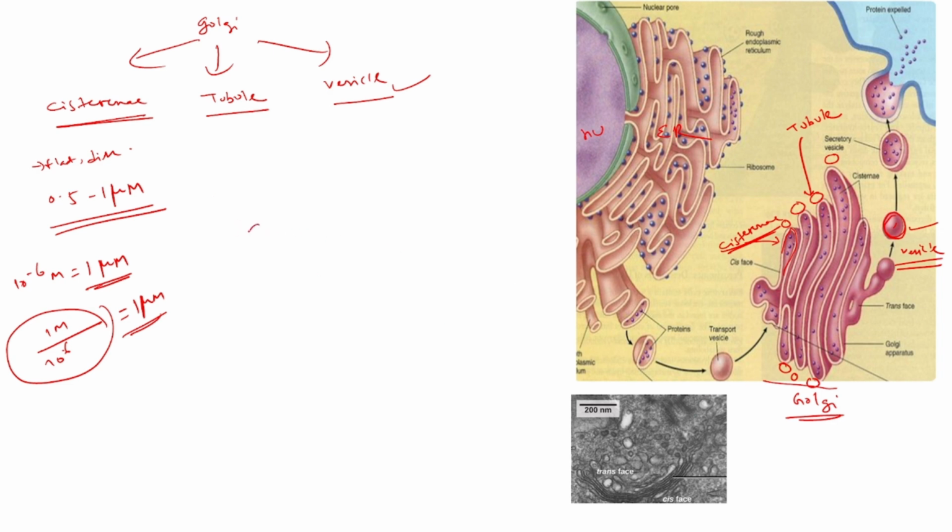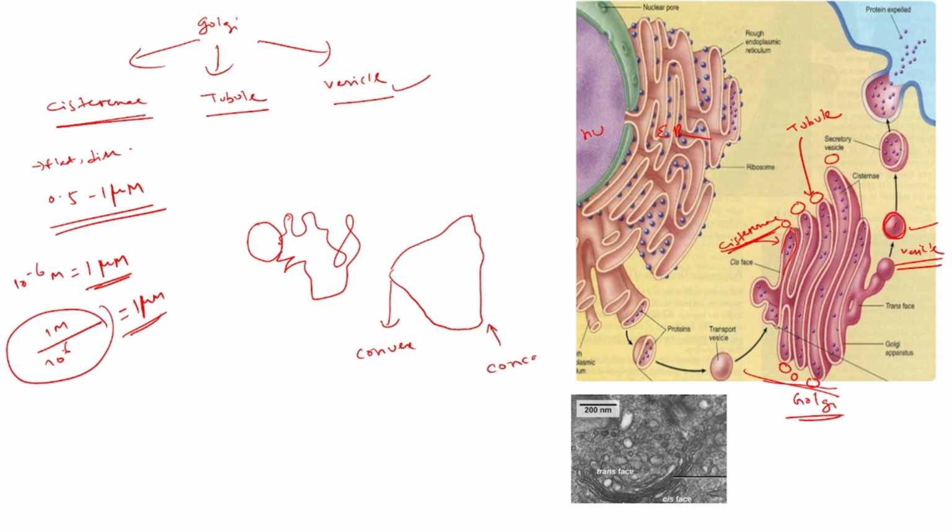Let's say this is the nucleus, this is the ER, and the Golgi is present like this. Look at the structure. One part is called the convex and one part is called the concave.